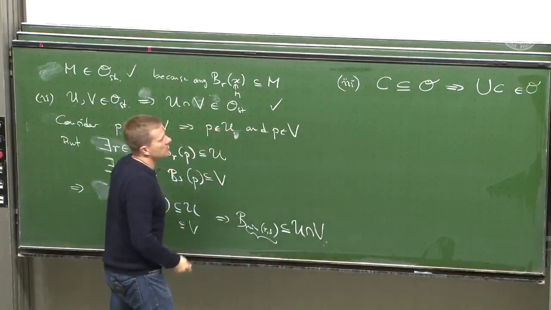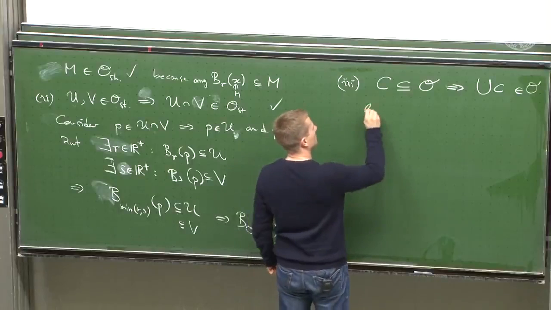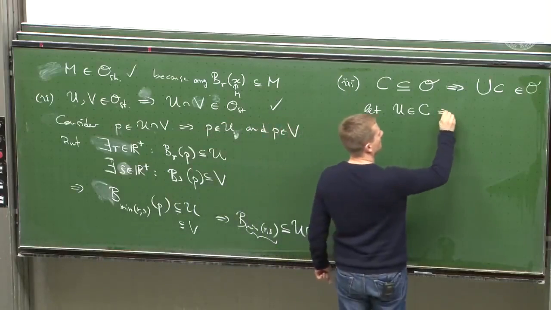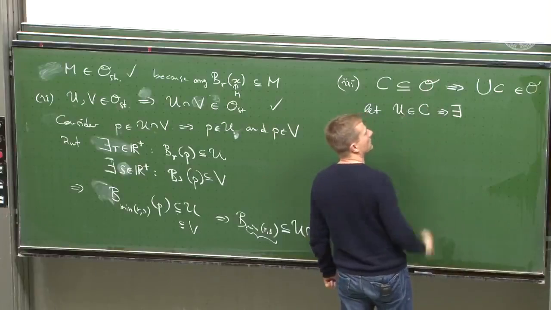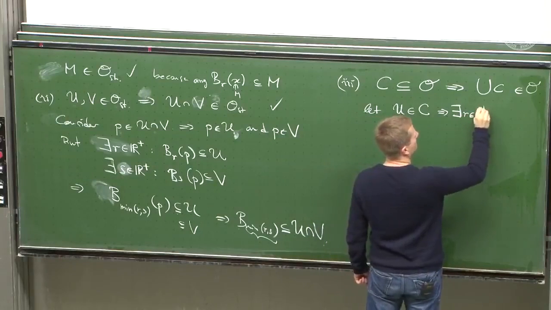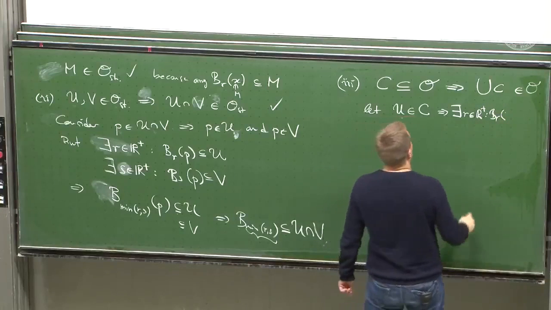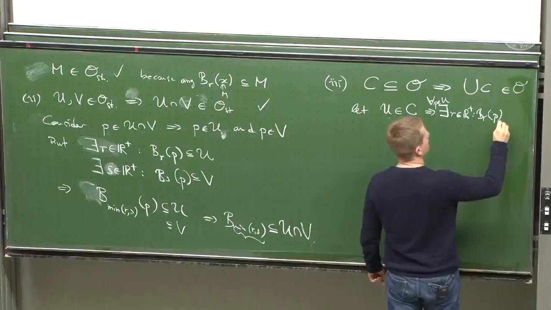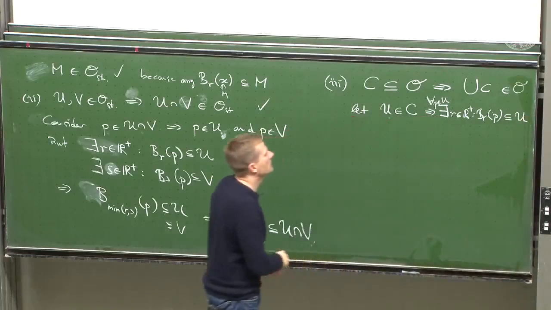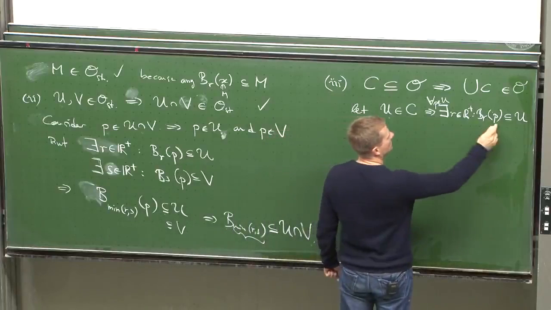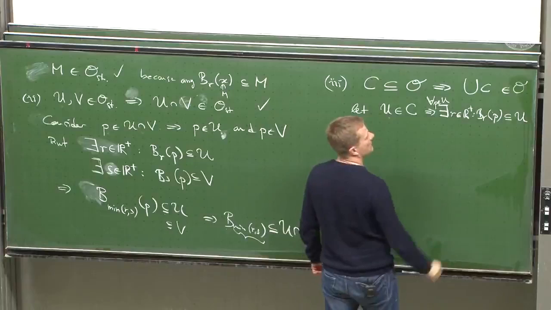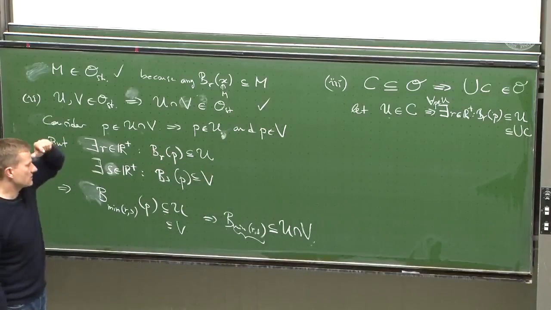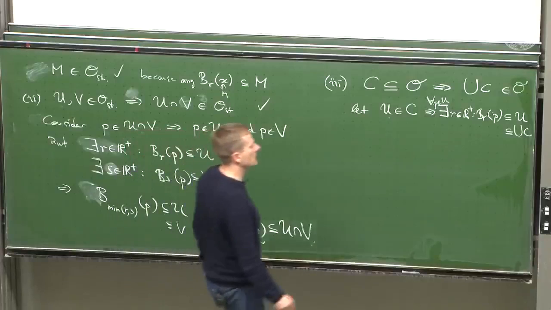Well, that's very simple, because you pick any one set in C, let U be an element in C. Then you know that for all P in U, there exists an R in R plus such that B_R of P lies entirely in U. But then very clearly, it lies also in the union, because it already lies in one, and this U is certainly a subset of the union. Very simple. That's it.